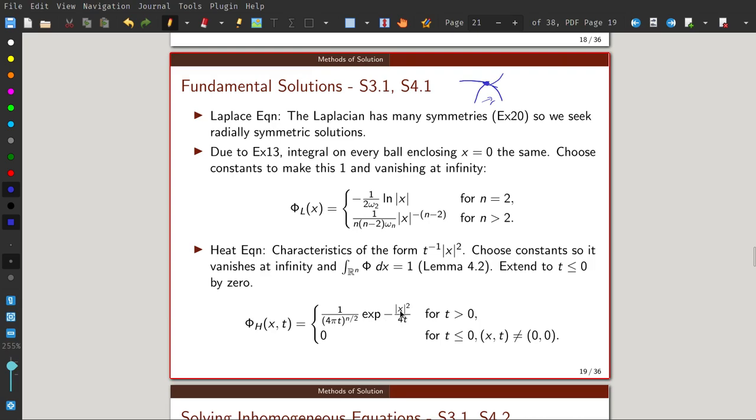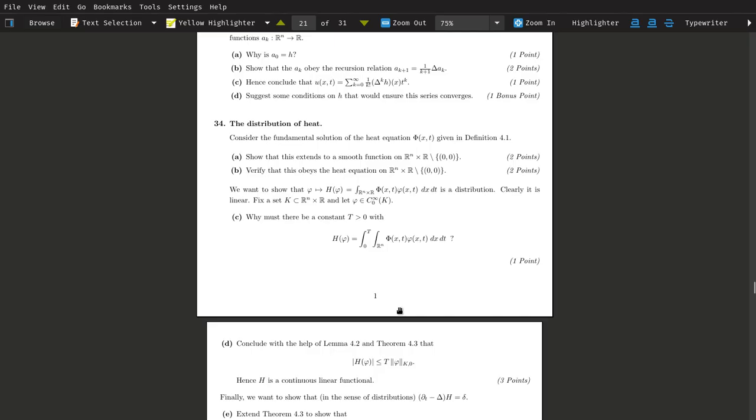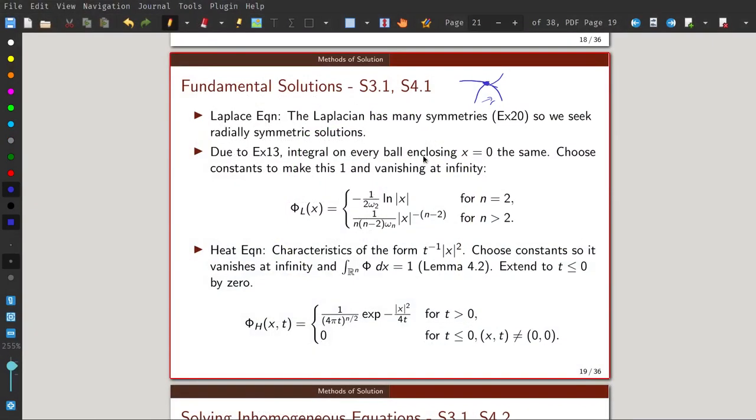But there was actually an exercise. Yes, exercise 34a. You take the fundamental solution of the heat equation, and you show that it actually extends to t equals 0 to be identically 0 at that point, and all its derivatives are also identically 0.